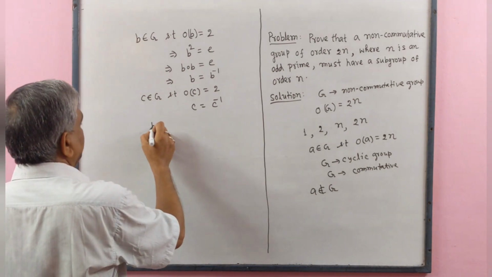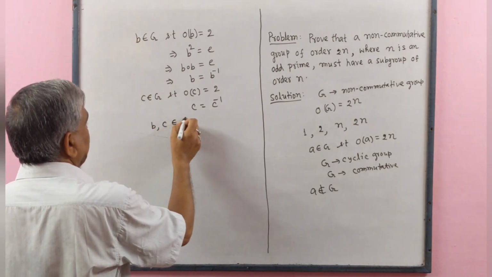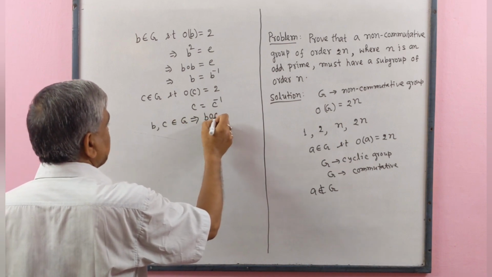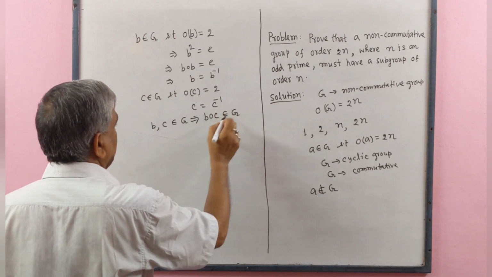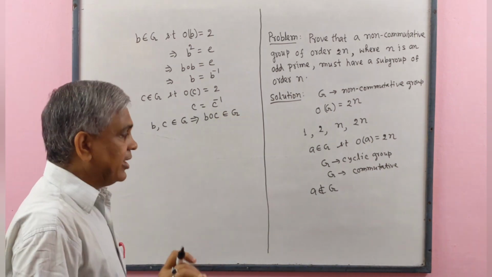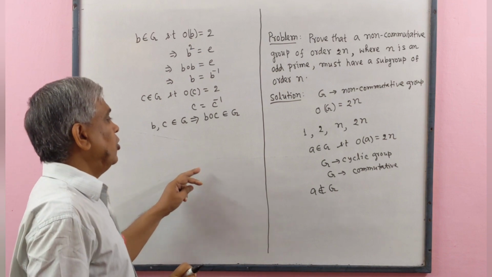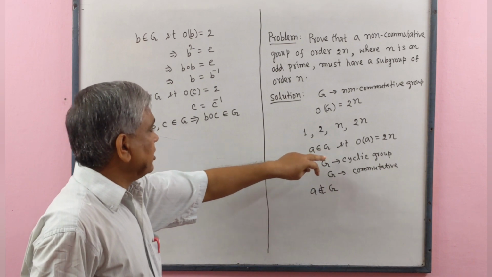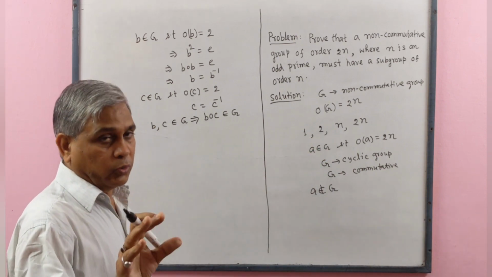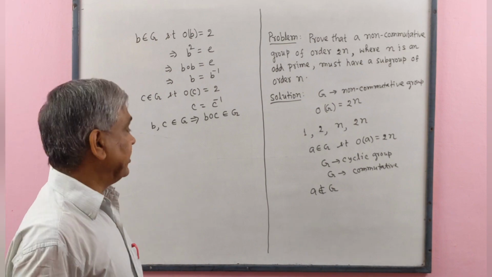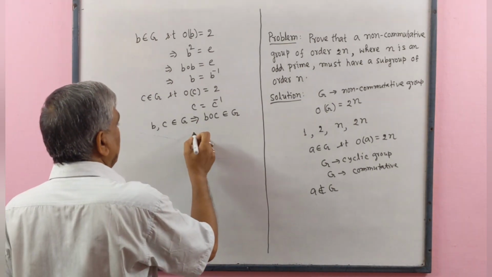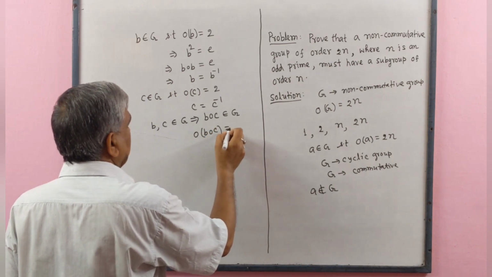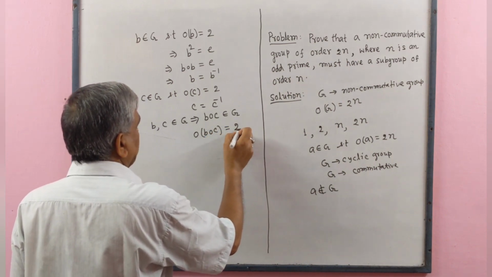Since c belongs to G implies that by the closure property b operation c belongs to G, and since we have assumed that each element of the group G contains elements of order 2 except the identity element, therefore order of b operation c will be 2.